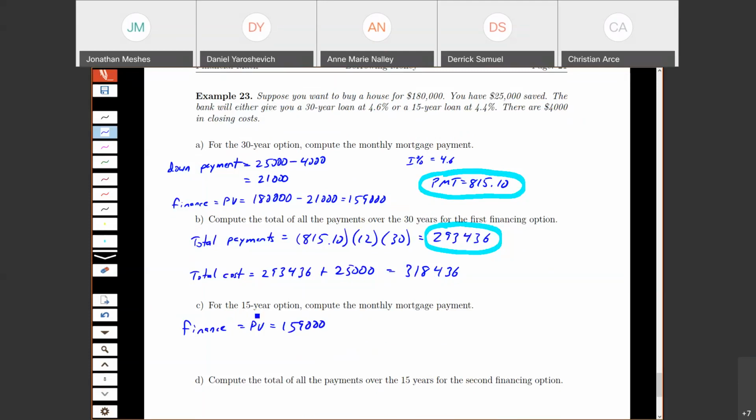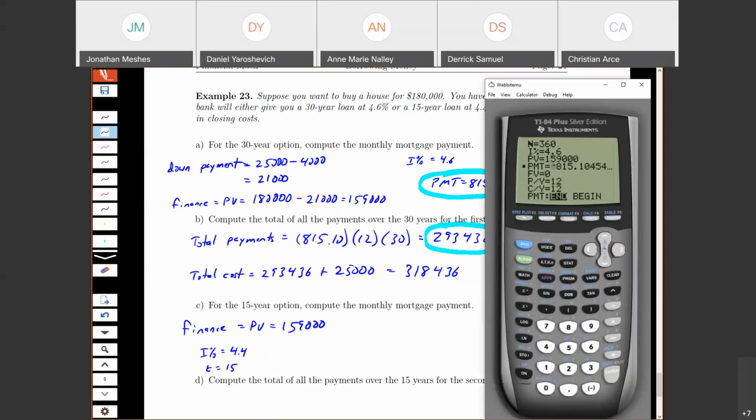But here my interest rate is 4.4%, and the time is only 15 years. So on my finance app, I want 12 times 15 for my total number of payments. My interest rate goes down a little bit, but the amount I'm borrowing is the same. So let's solve for our payments, and I get $1,208.23.